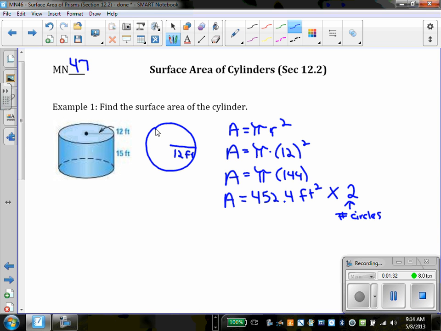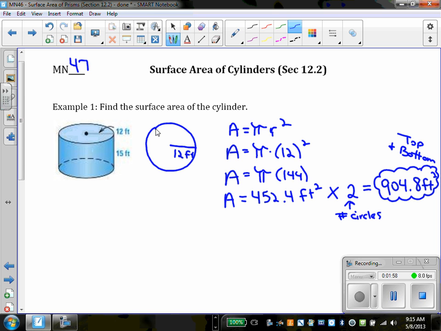So we're talking about the top and the bottom area. And we multiply that by 2, we have 904.8 feet squared. I'm going to bubble that because I want to make sure that I don't forget that. That's for the top and the bottom of the cylinder.